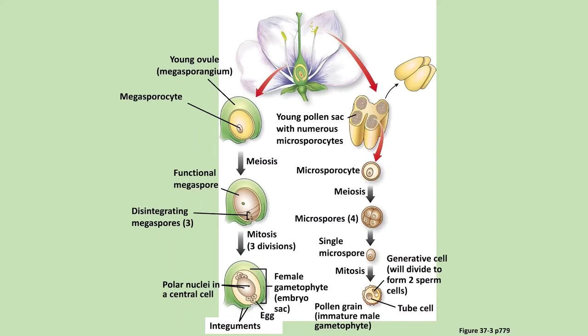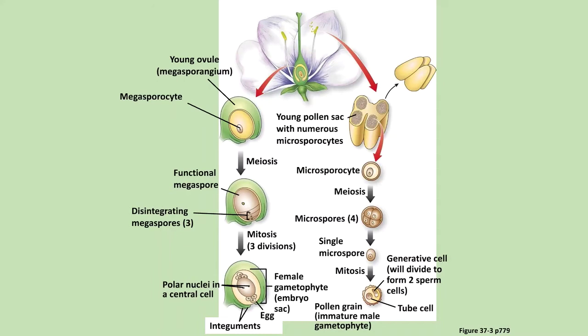So what's important here to remember is that you do get a functional egg. One of those cells at the bottom is an egg. The other cell is the result of 2 cells fusing together, and so it gets 2 nuclei. And that's what's pointed out there as the polar nuclei in a central cell. So that cell is actually 2N diploid.